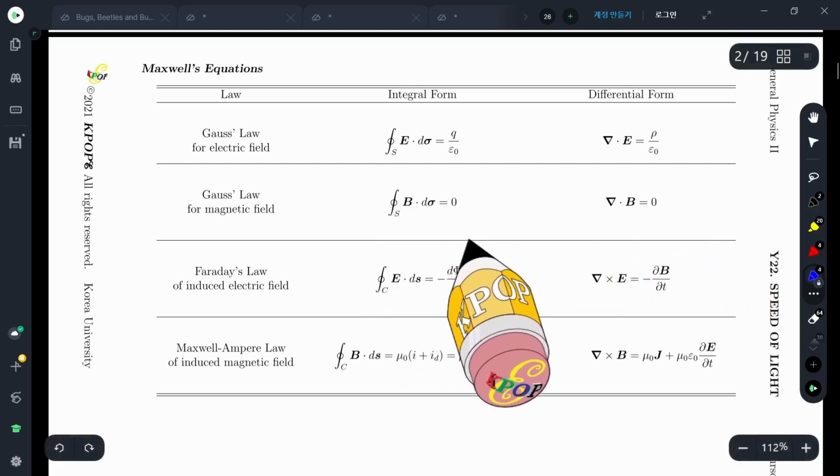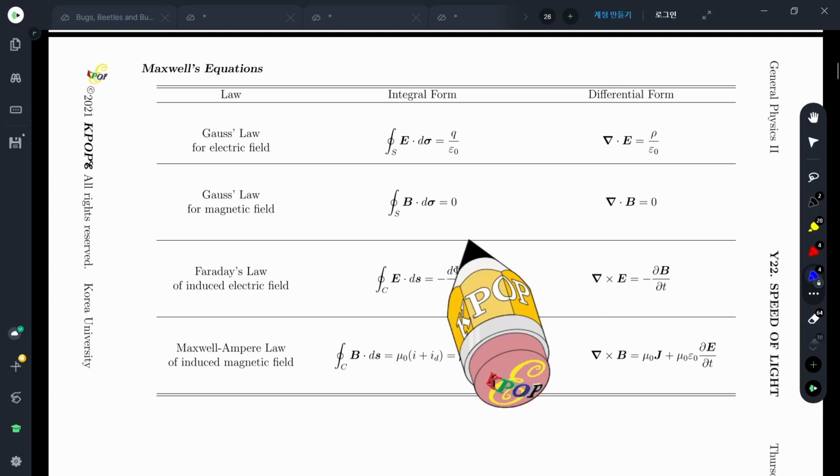The magnetic field is generated by current, and the source of the magnetic field always consists of two poles. That means there is no way to separate the north pole and south pole of a magnet.